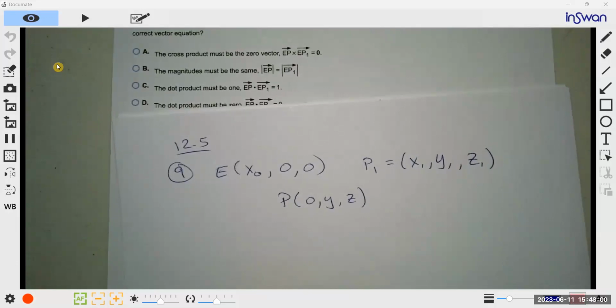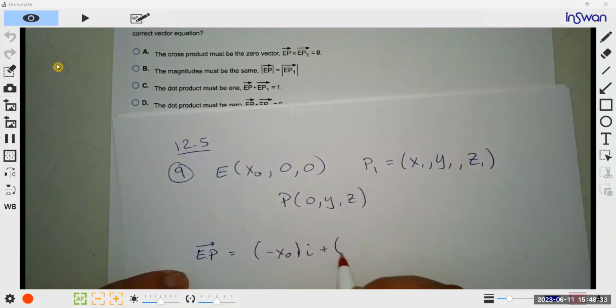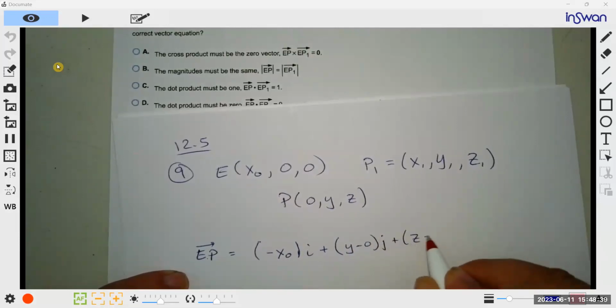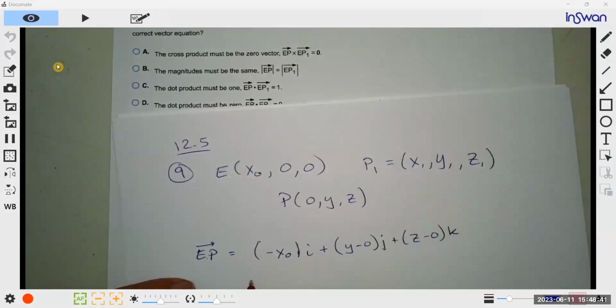So write the vector equation that holds for E to P and E to P1. E to P: 0 minus x0, so it's negative x0 i, y minus 0 j, z minus 0 k.